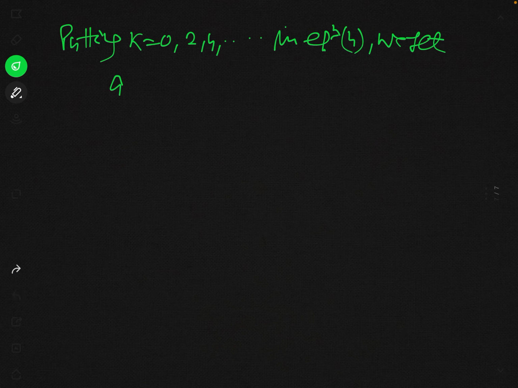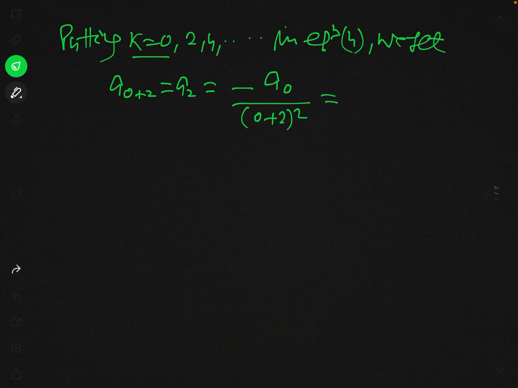In RHS you know here is ak, but we have taken k equal to 0, so this will be a0, divided by k plus 2 whole square, and k is 0, so this is 0 plus 2 square. So this will be simply minus a0 by 2 square. So this is the coefficient a2.